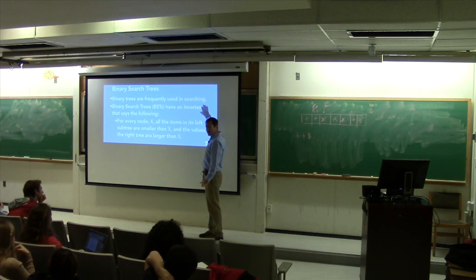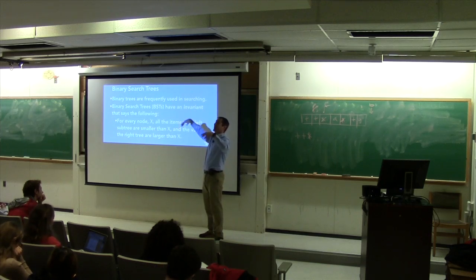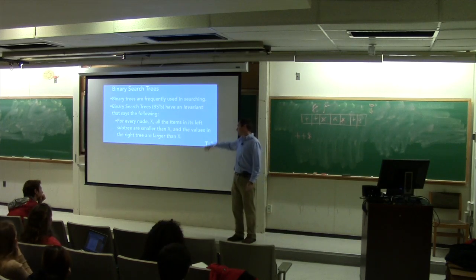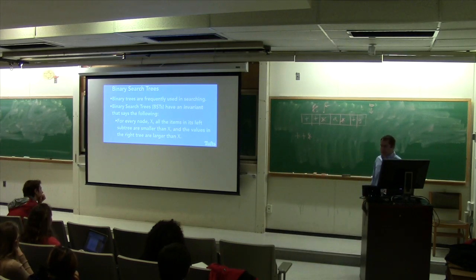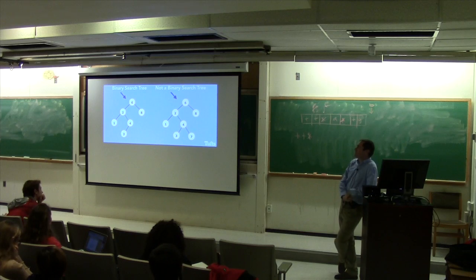And we'll talk about that for a number of different types of data structures and abstract data types later, right? The invariant is, in this case, make it smaller on the left, greater on the right. OK, that's the invariant, and this is the technical definition here. The tree on the left is a binary search tree.